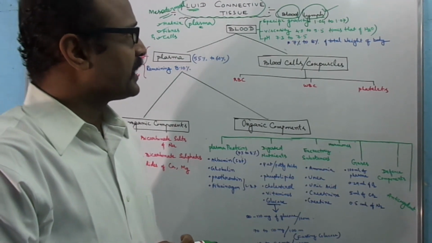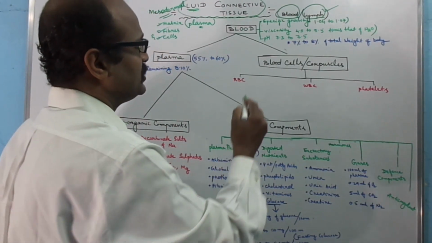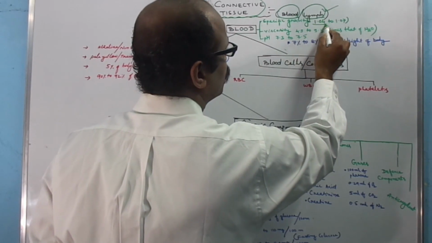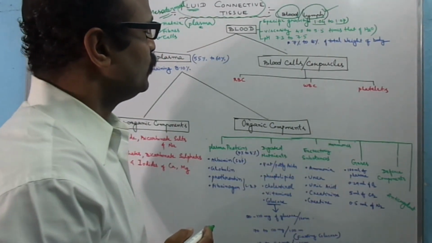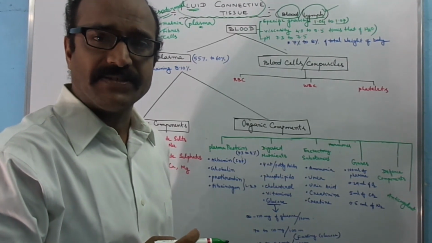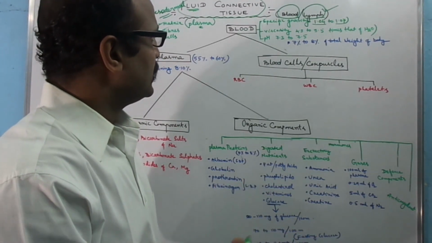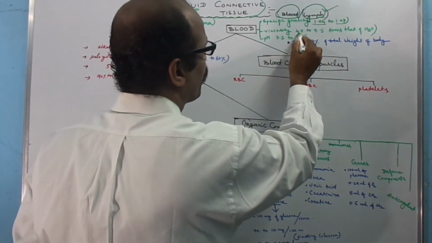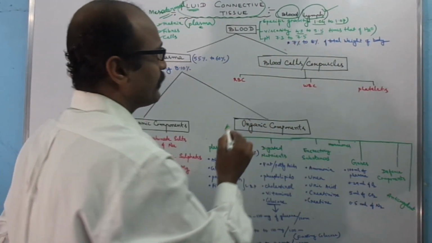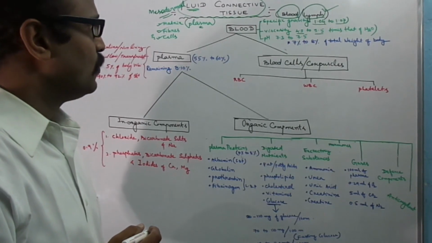The specific gravity of the blood is 1.04 to 1.07, which indicates that it is heavier than water. The viscosity is also 4.5 to 5.5 times that of water.